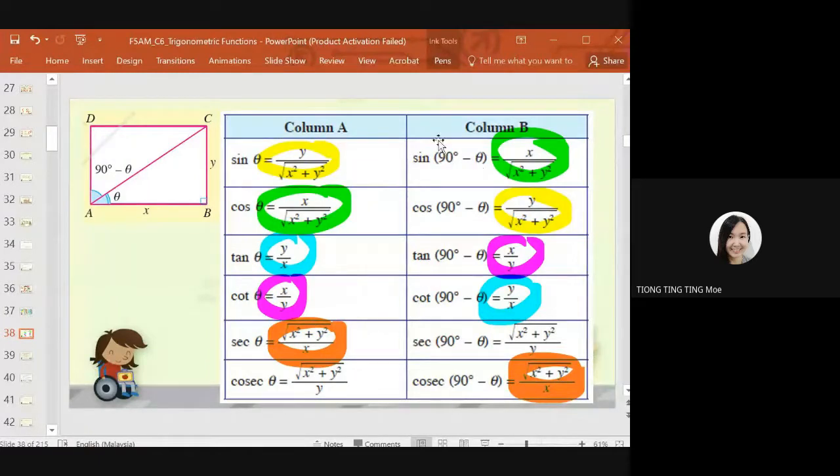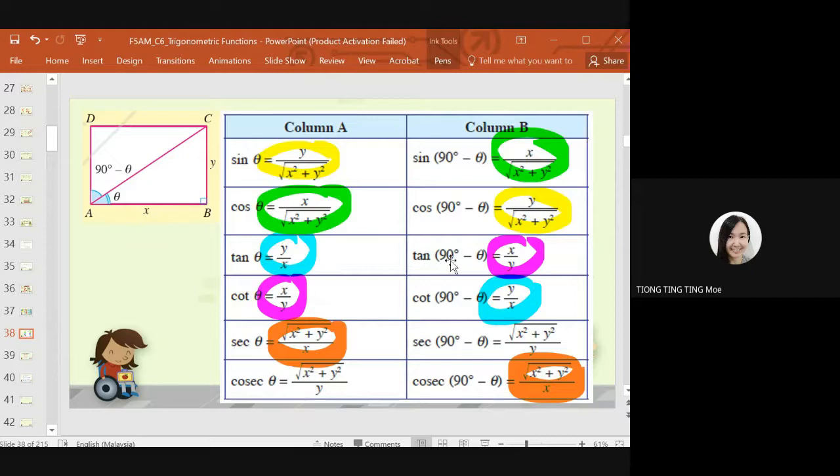Sometimes the questions will be in this form, so you have to know how to change into this form, so that we can find the value for cos theta using the calculator. Your calculator cannot place the complementary, so you have to manually change it first. So we have to know about this relation.